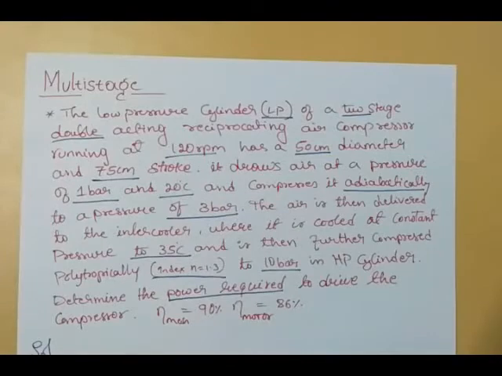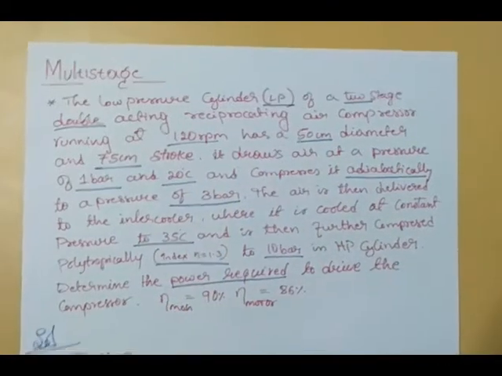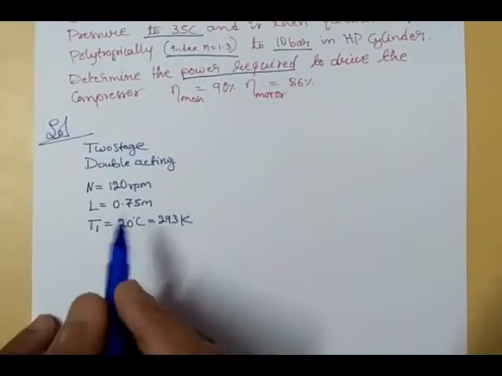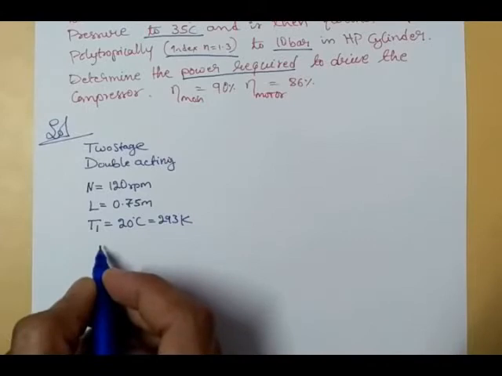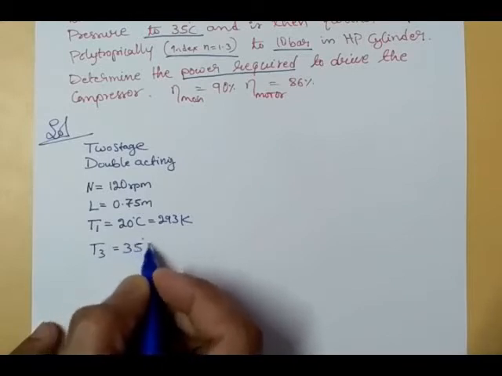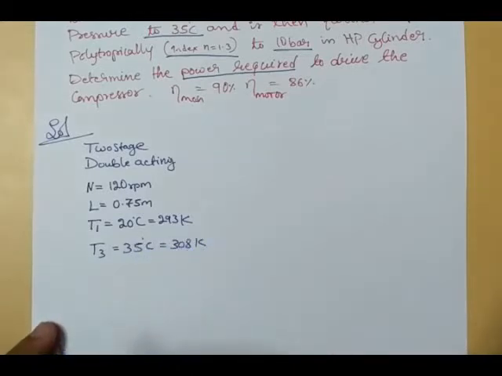So this data refers to what we have discussed here. I'm just noting down all these data. Then T3 is equal to 35 degrees centigrade, that is 308 Kelvin.